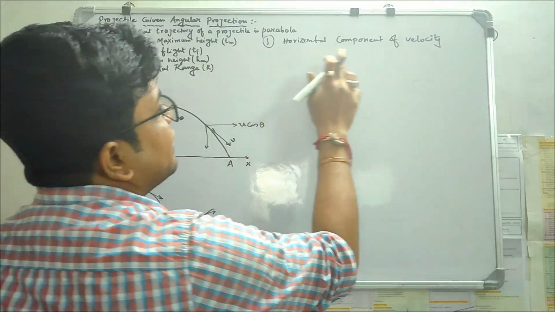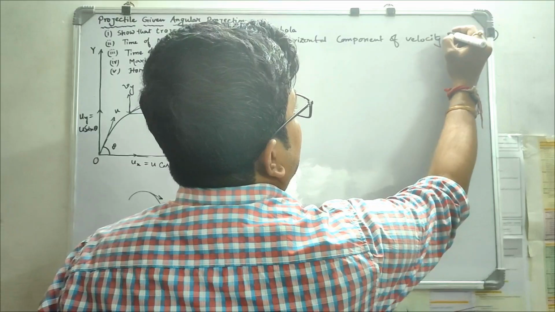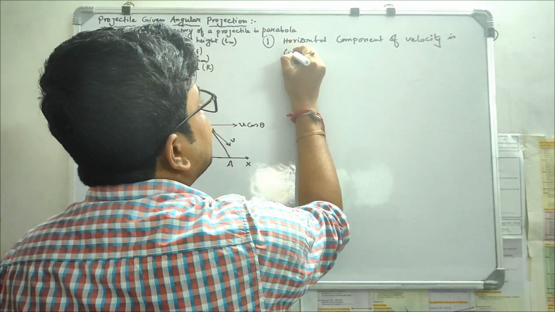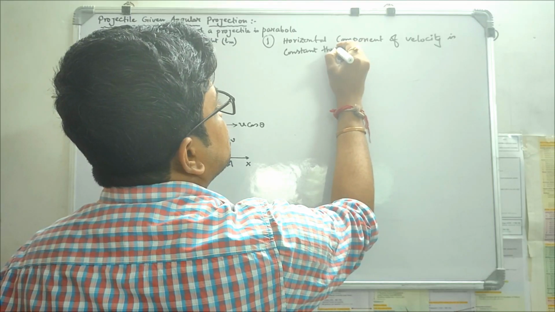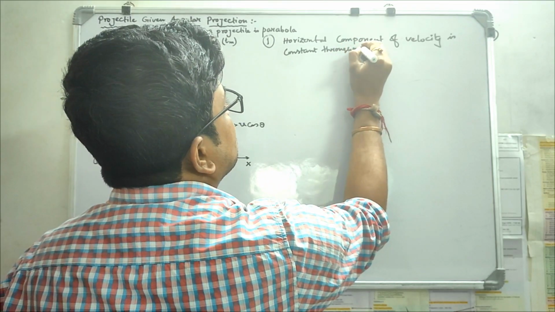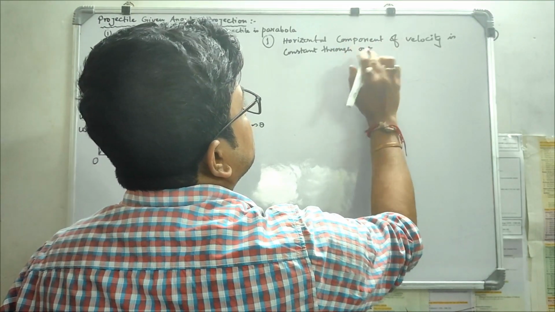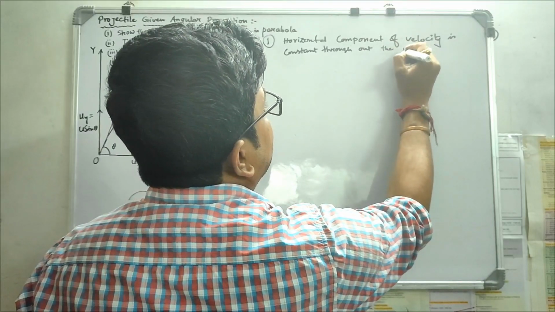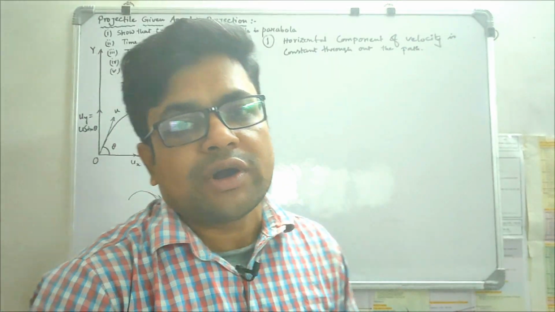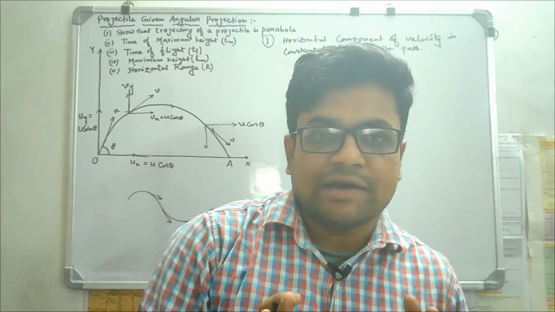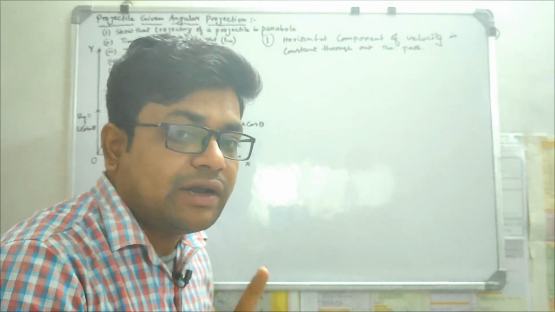So the horizontal component of velocity is constant throughout the path. In this total path, the horizontal component will remain constant, but the vertical component is not constant.